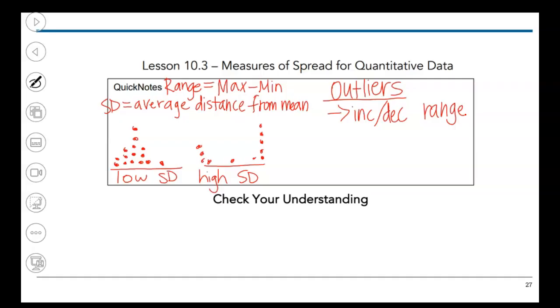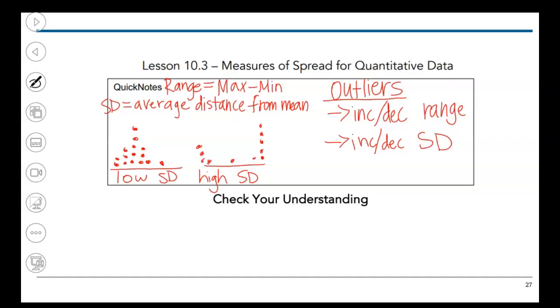And then it can increase or decrease your standard deviation, because standard deviation is a calculation of how far away you are from the mean. So if you have an outlier that's way off, that's going to change the standard deviation.